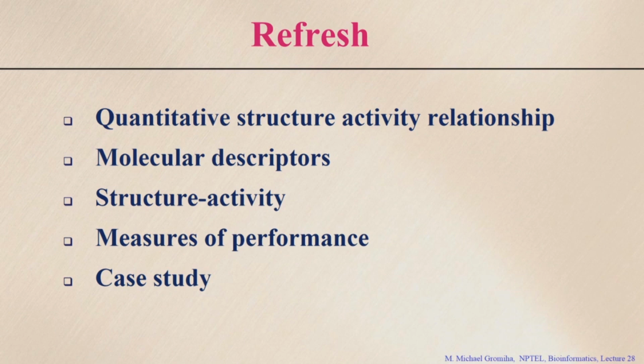The quantitative structure activity relationship, say QSAR. So, what are the various aspects we need to consider? Mainly, the biological activity can be described as a function of molecular descriptors like structural parameters.